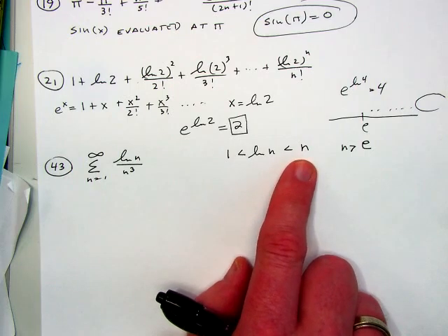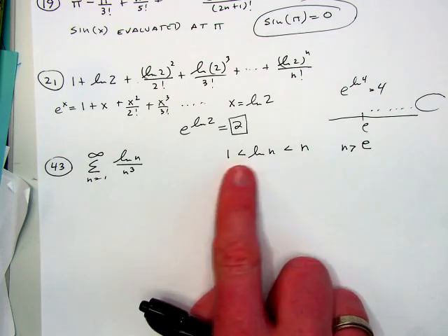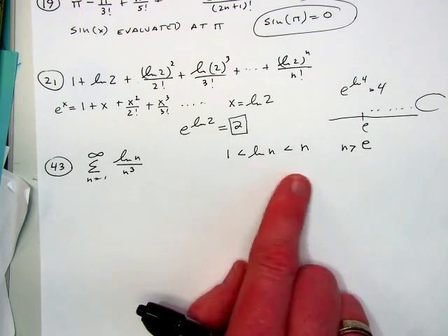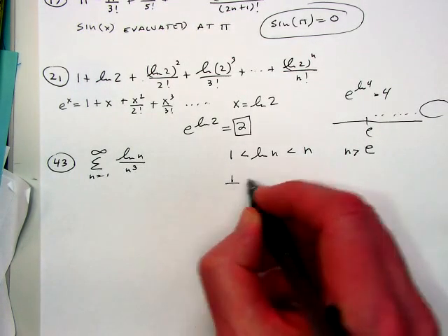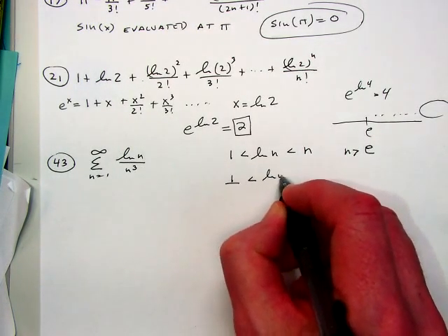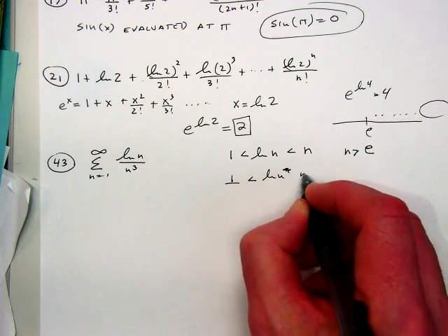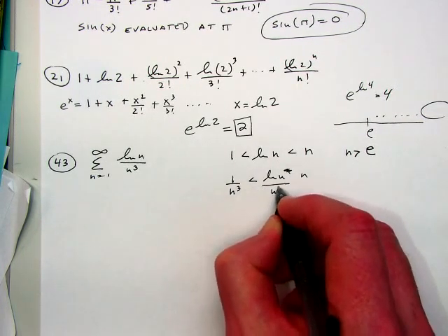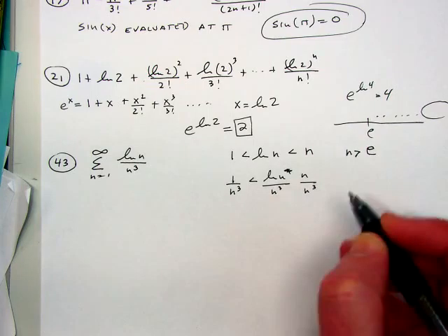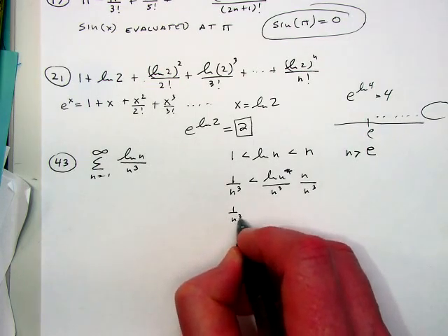I'm going to use what's called the squeeze theorem because it's much easier to see. If this is true, now what I'm going to do is take each of those and divide them by n cubed. So I get over n cubed, over n cubed, and over n cubed. So this is 1 over n cubed, and this is actually the series I have.